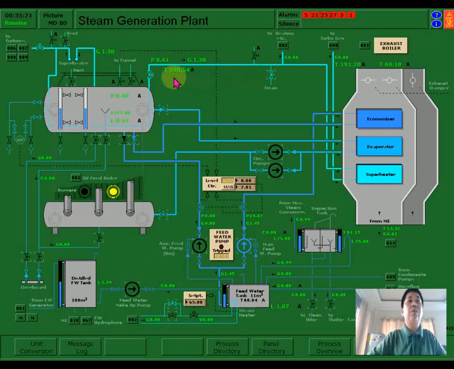So the automatic steam temperature control. Here is your steam temperature. Your steam temperature is a part of your air, if you are using the economizer here.